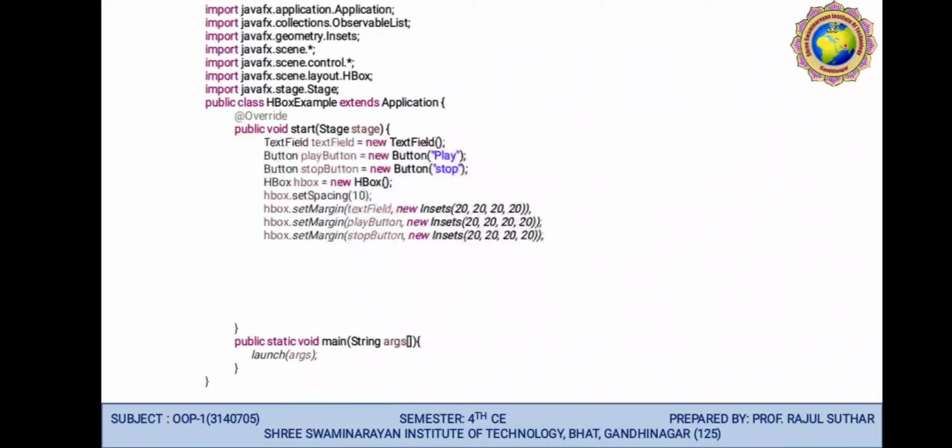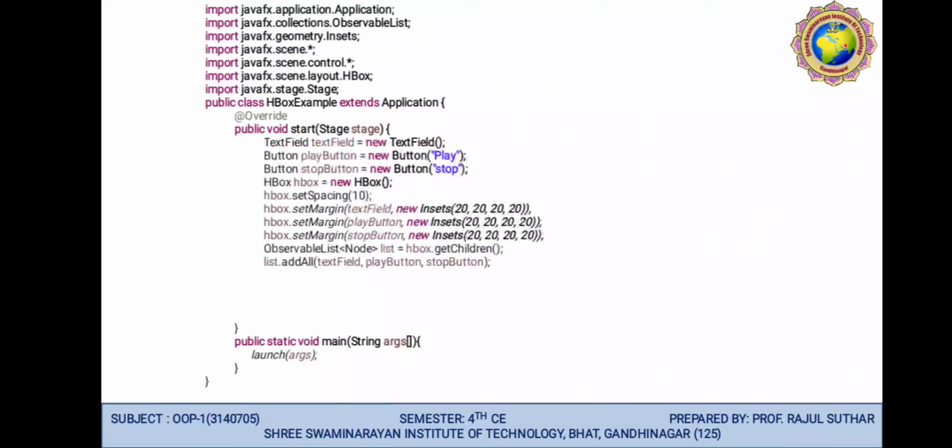Margin: here the value of margin for the text field is new Insets 20, 20, 20 and 20. The same way for the play button as well as the stop button. ObservableList: we apply the node list equal to hbox.getChildren. list.addAll, so we add all the fields like text field, play button and stop button.